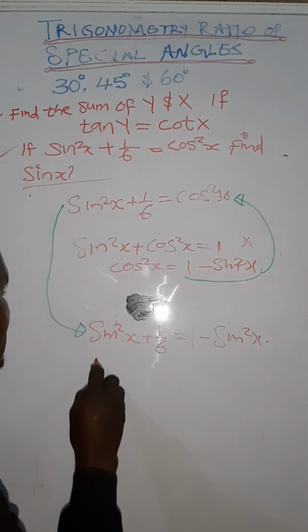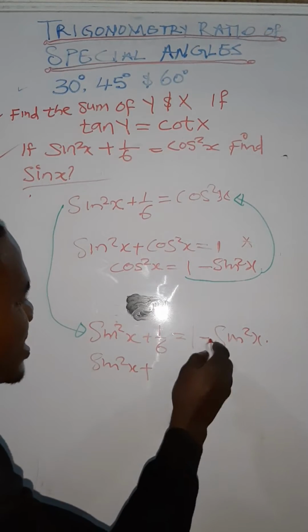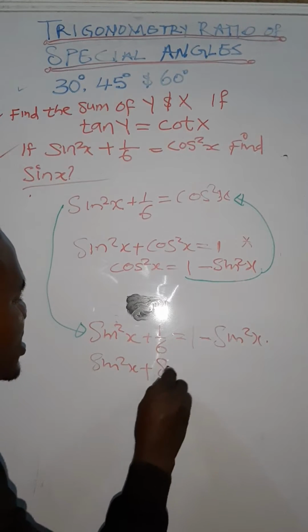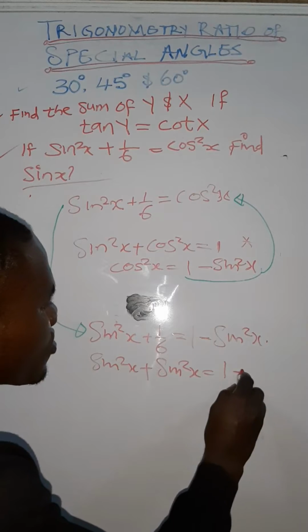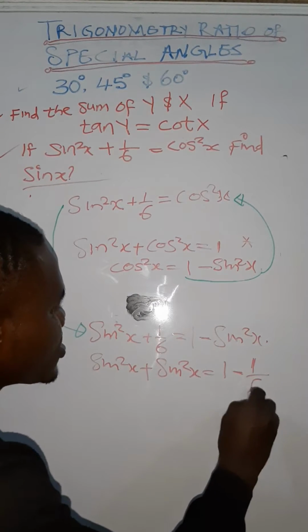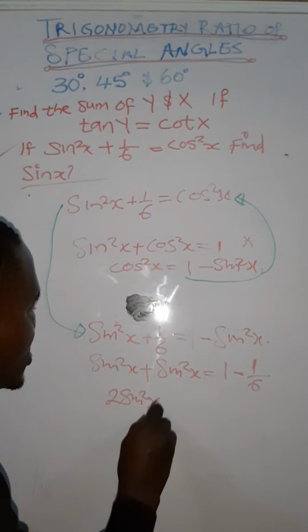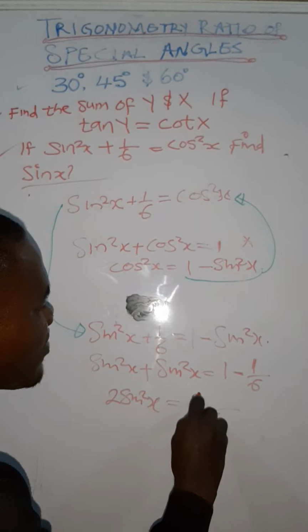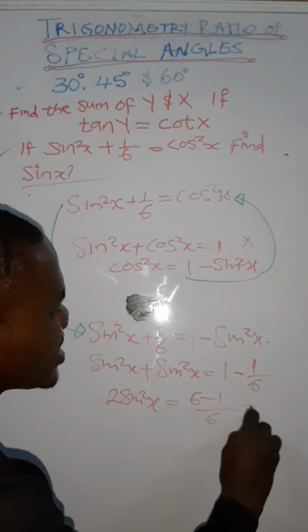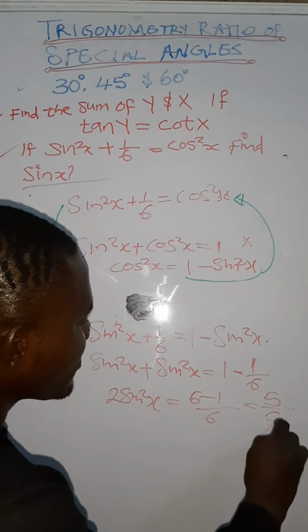If you collect terms now, we have sine square x plus sine square x, because this is minus, it comes here and becomes plus. The 1 comes to this side, becoming 1 minus 1 over 6. So 2 sine square x will be equal to, the LCM is 6, 6 minus 1, that gives 5 over 6.